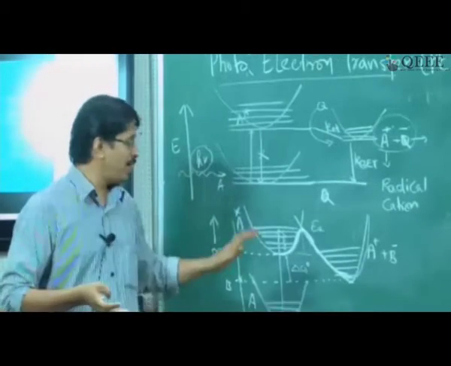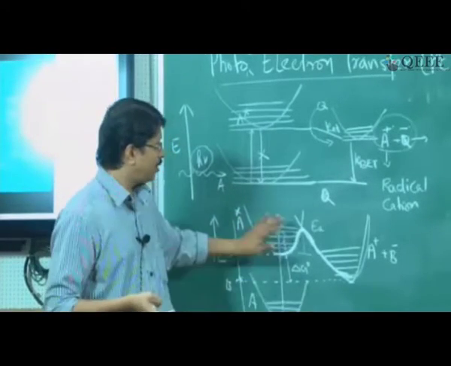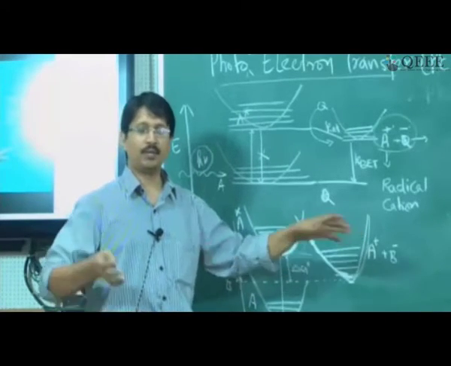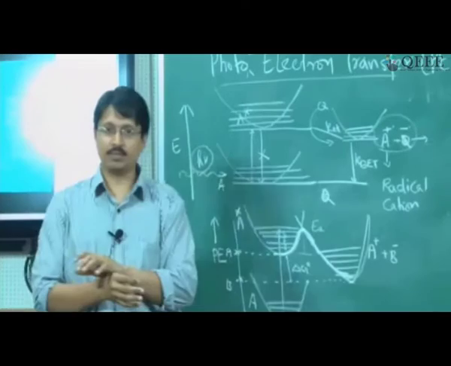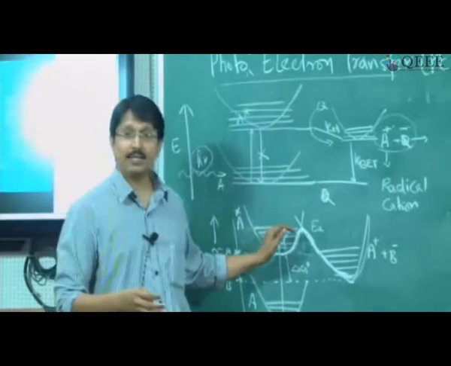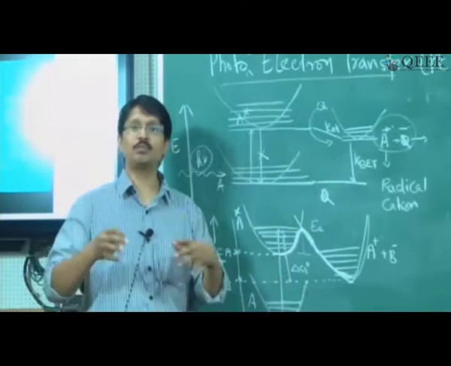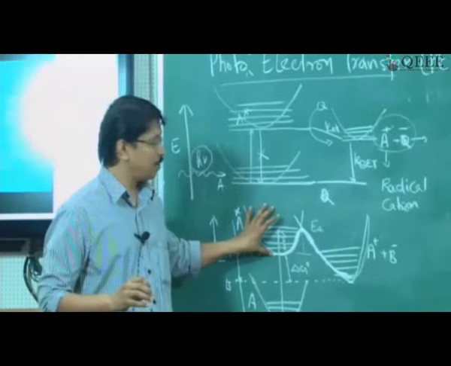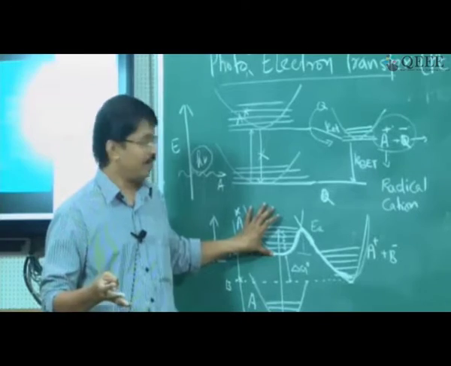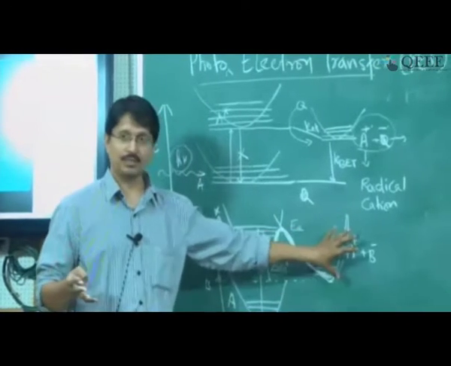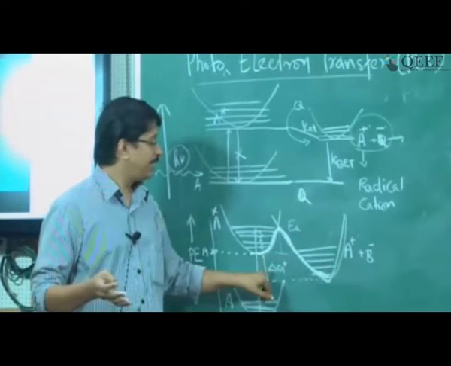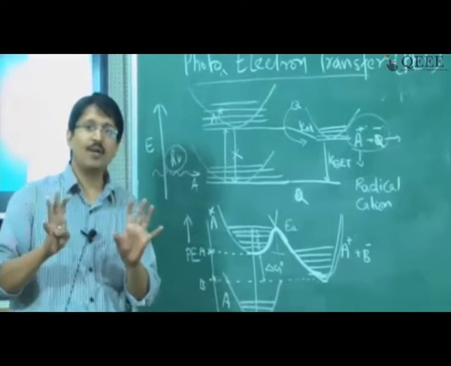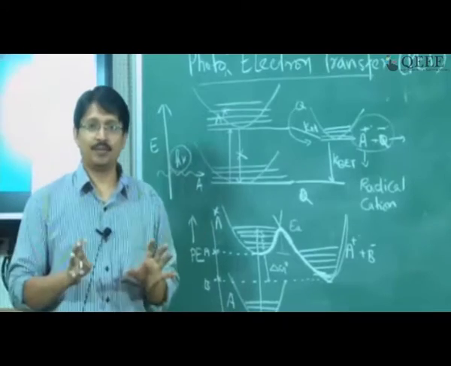In other words, forget about this, plot only these two curves, and then draw different diagrams in such a way that delta G 0 becomes more and more negative. Keep this position same. Think about altering this position in such a way that delta G 0 becomes more and more negative. You are going to see something which is very, very peculiar.